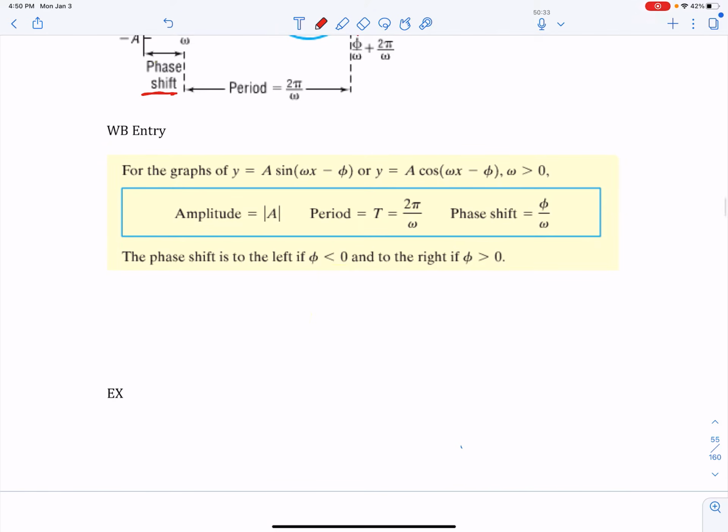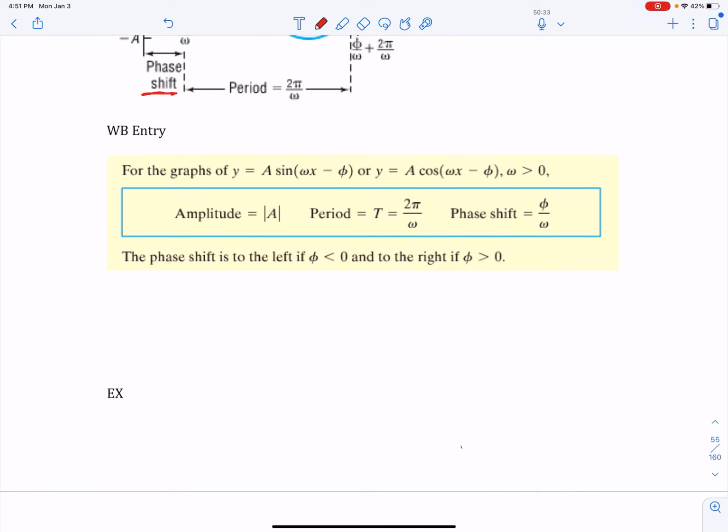Below in this yellow box, you're going to see some important things. For starters, if we're talking about sinusoidal waves, it can be sine or cosine. So the standard form is y equals a sine omega x minus phi, or y equals a cosine omega x minus phi, where omega is a positive value. The amplitude is still the absolute value of a, because we always want amplitude to be written as a positive.